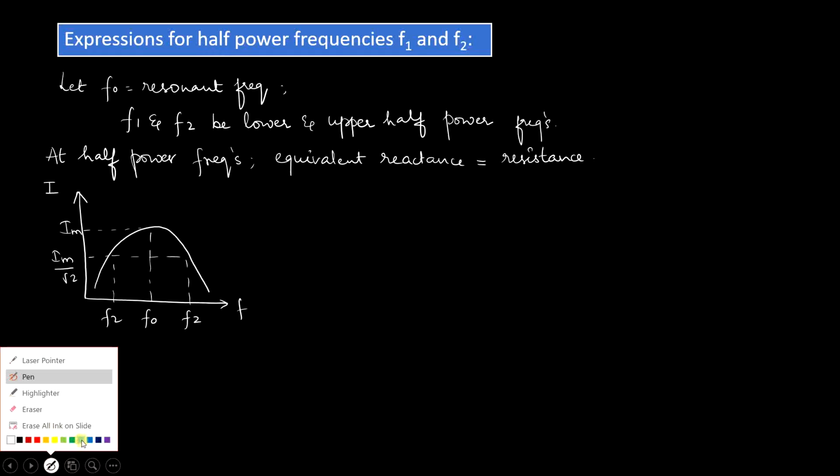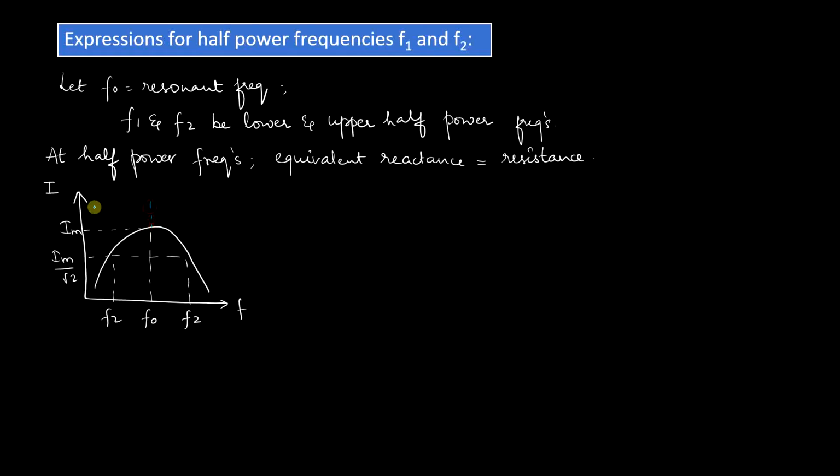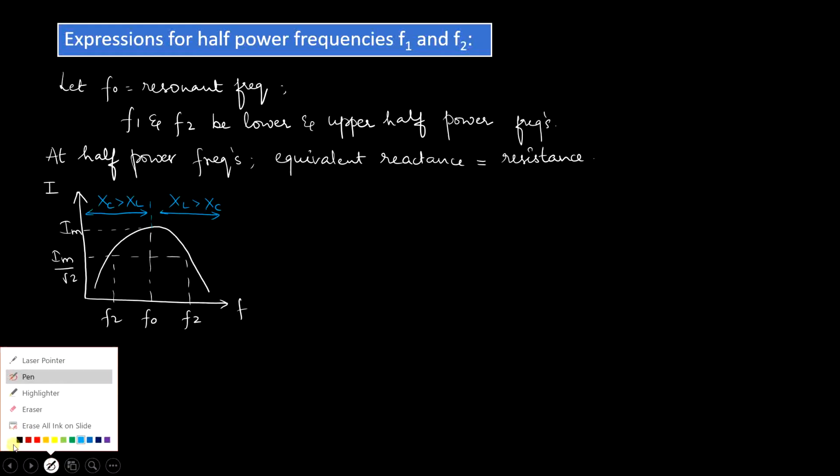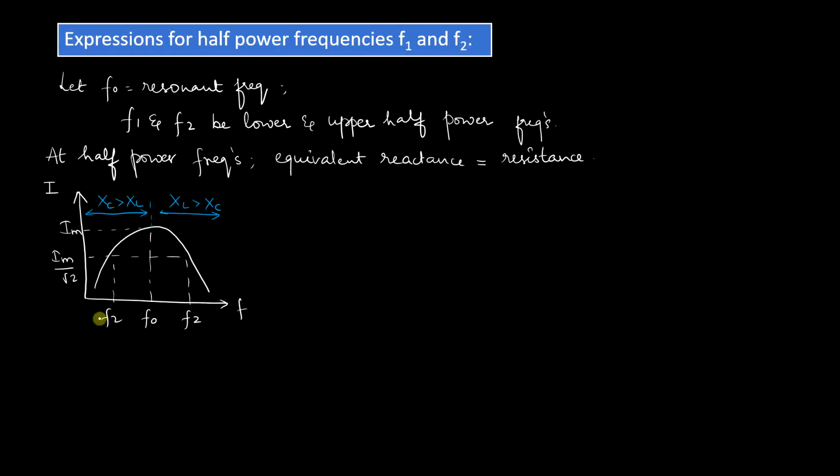Now this part is pure capacitive, so XC greater than XL. This is pure inductive, XL greater than XC, right? So at frequency, I think I made a mistake here. This is f1.